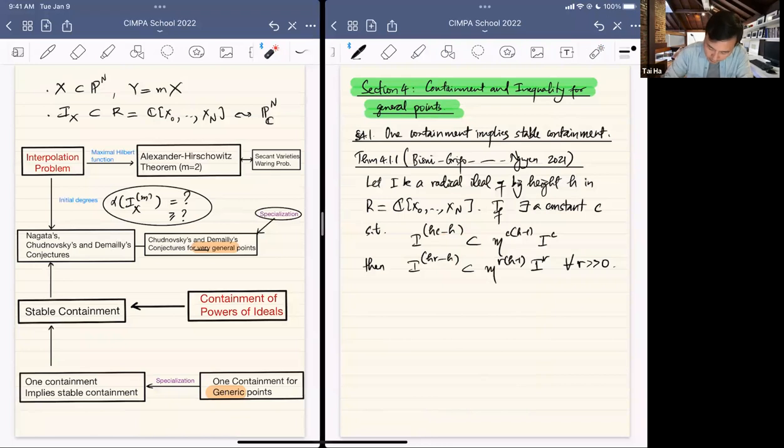So let me give you maybe an example here. Let's see what this will give us. Maybe I'll recall the Fermat configurations in P2. Maybe I'll draw that for you again.